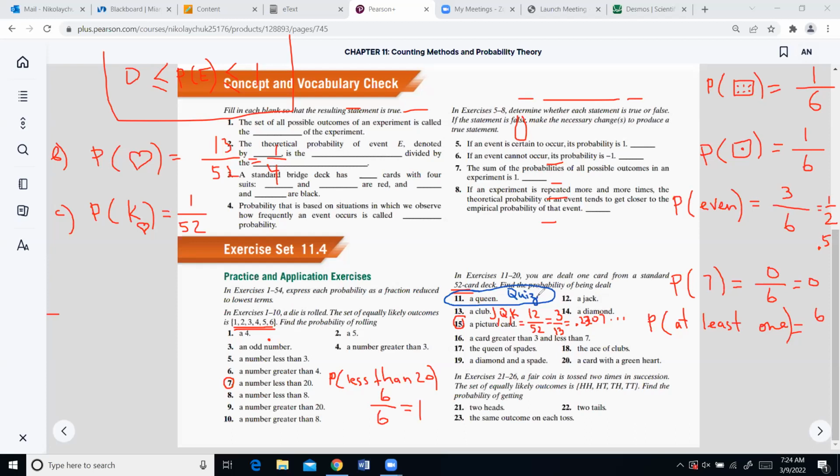So the quiz for today will be exercise 11. So please tell me what the probability is, but again, make sure that you reduce it, right? It should always be simplified. Either put it in the calculator, get a decimal, or you can write it as a fraction in lowest terms.